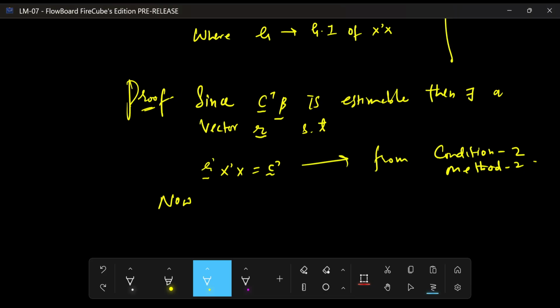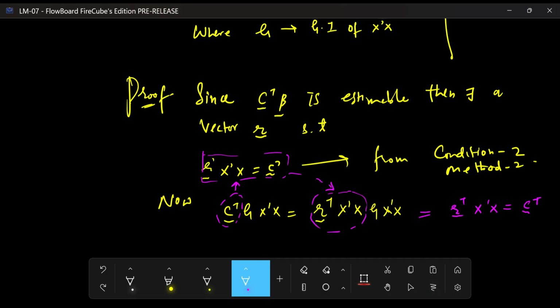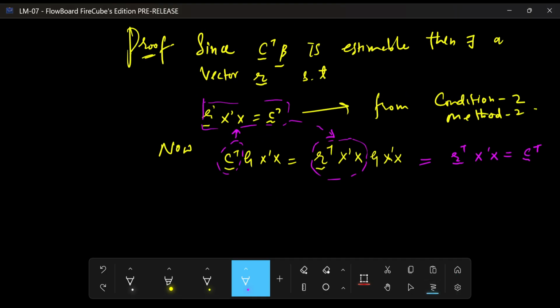Simply, C curl transpose G X transpose X is R curl transpose X G X transpose X. In place of C, I substitute the value of this. So this will be nothing but R curl transpose X transpose X. This is equal to C curl transpose. Hence proved.